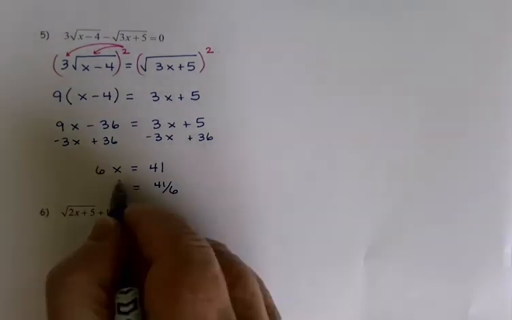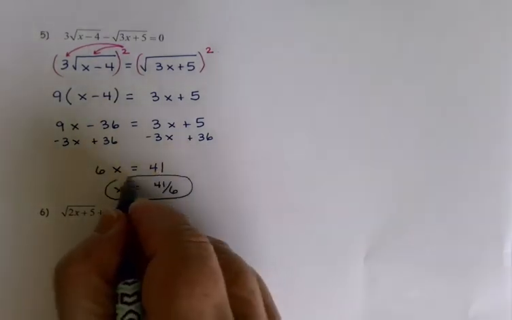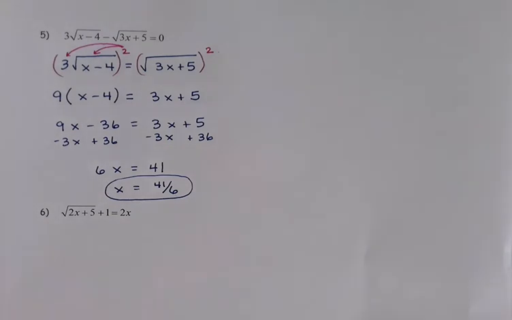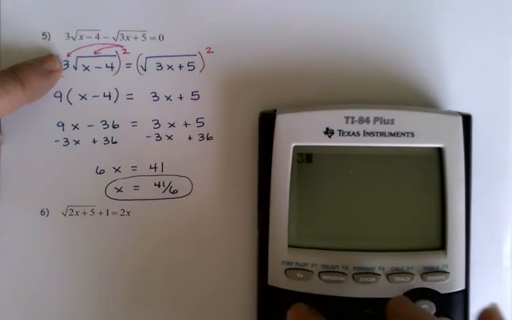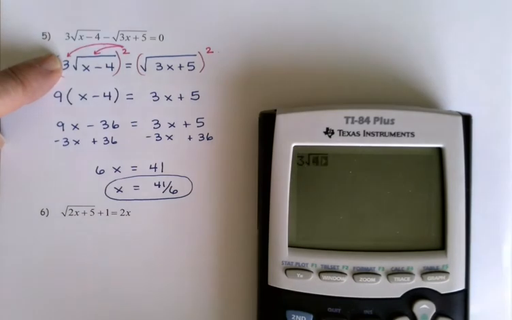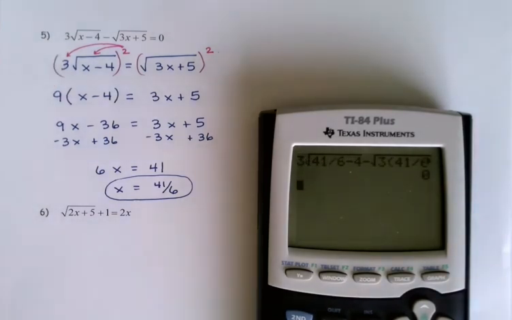X equals 41/6. All right, let's check. 3 times the square root of 41/6 minus 4. Subtract the square root of 3 times 41/6 plus 5. And it did give me 0, which is exactly what I needed, so this one works.